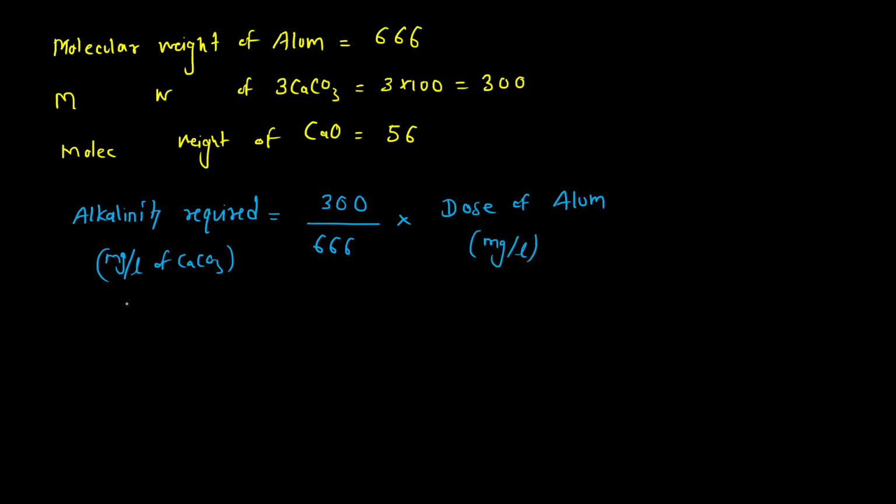So this is the first formula. Then second is alkalinity deficiency. Alkalinity deficiency is whatever is the alkalinity required minus alkalinity present.